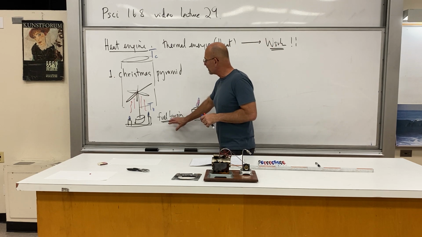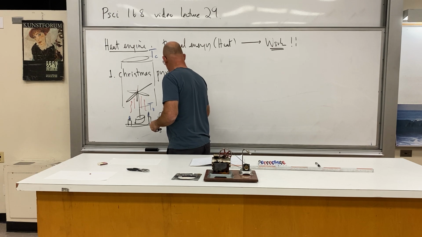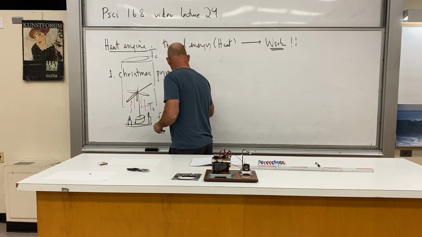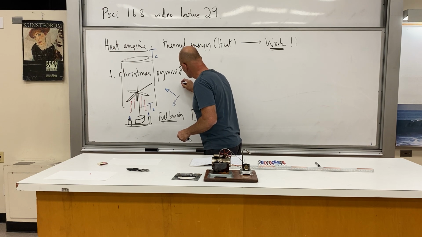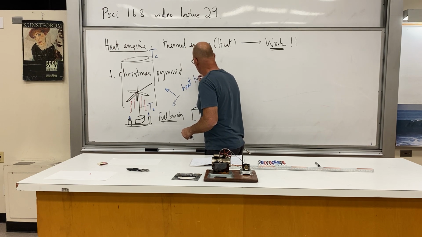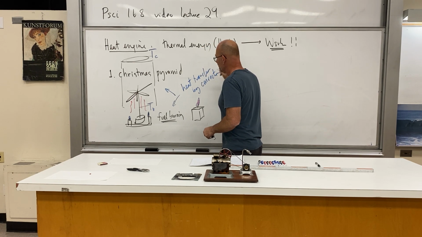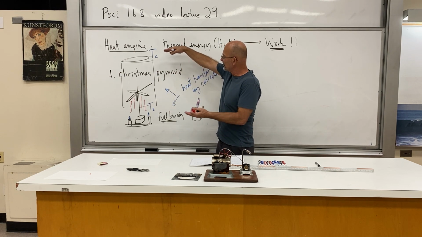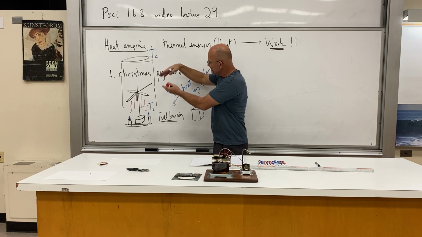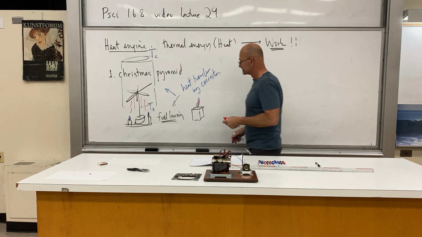Good, so we got the fuel burning, we've got the convection here, so let's even write that this is heat transfer by convection, and because it's heat transfer by convection, it requires a temperature difference, and the chimney allows us to really get a good temperature difference in this situation.